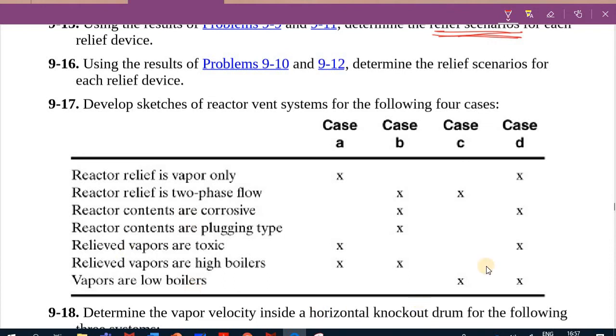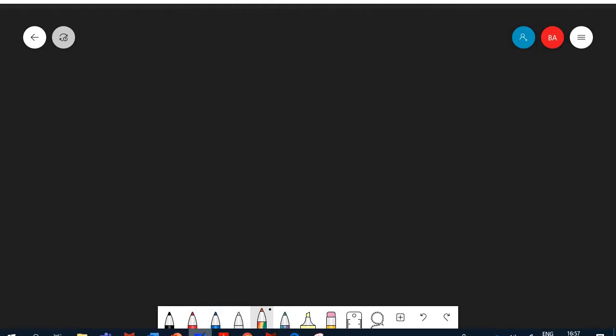So these are the kind of things that give you the idea of how we can deal with what we have here. And if you want to have a look at it, it's good also to look. So that's 9.17. Okay.